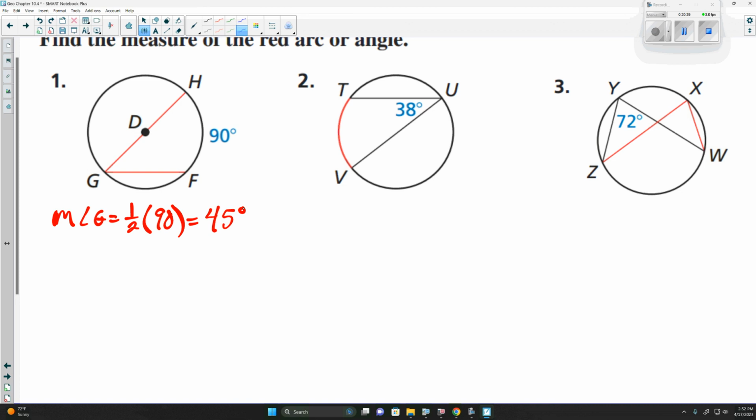If there's more than one angle or arc asked, it'd be good to signify which one you're saying is which. Number 2, we want to find the measure of arc VT. It's going to be twice our 38, which is 76.